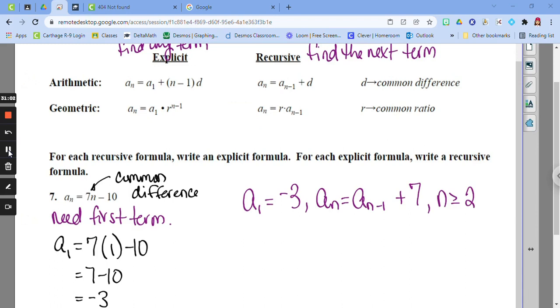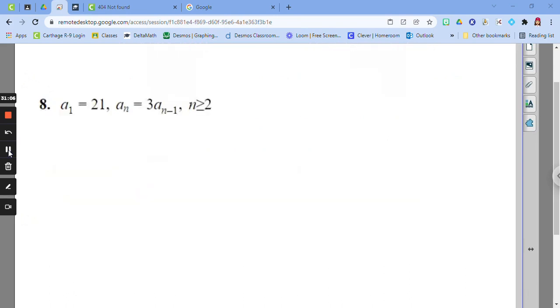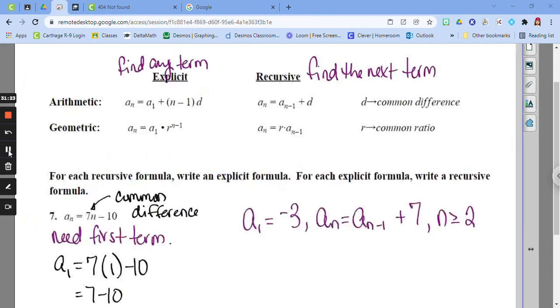So first of all, we have a geometric sequence. And its explicit formula, double check, is this.